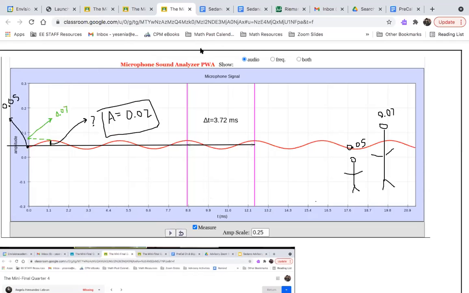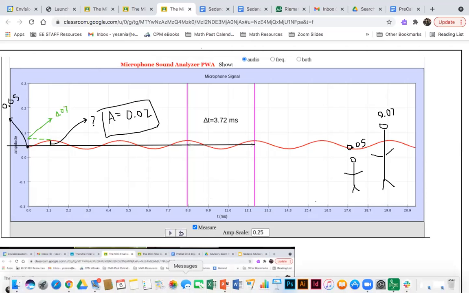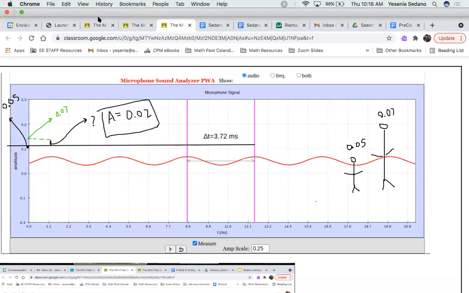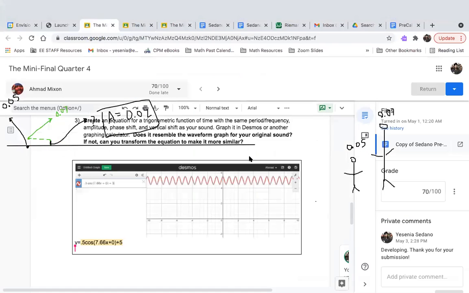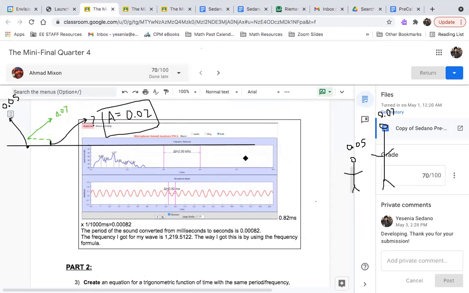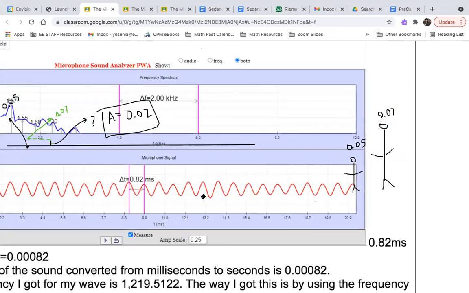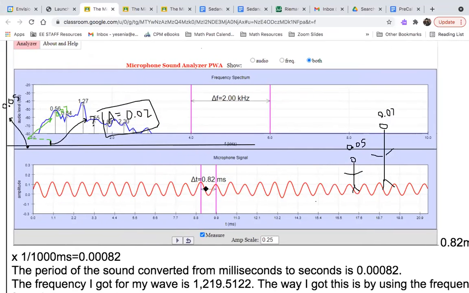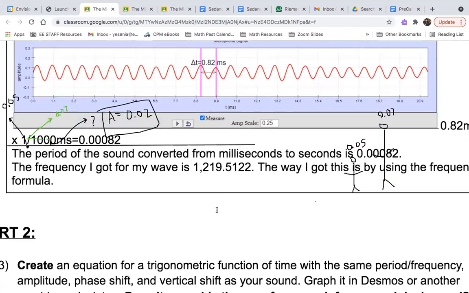And then let's see, I'm going to jump to Jasmine's, and then let me check on AJ. AJ, did that make sense? I haven't checked your amplitude, but on how we figured out the amplitude, if you want to go back and make sure your amplitude is making sense as well.